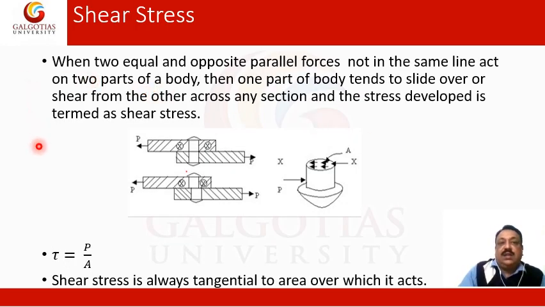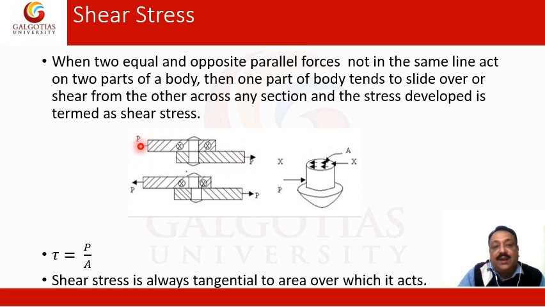Shear stress. So far we have considered direct stress, which acts along the longitudinal axis. But now we will consider two equal and opposite parallel forces which are not acting in the same line. Consider this force P, which is pushing the body towards the left, and the other equal and opposite force P, which is pushing the body towards the right.